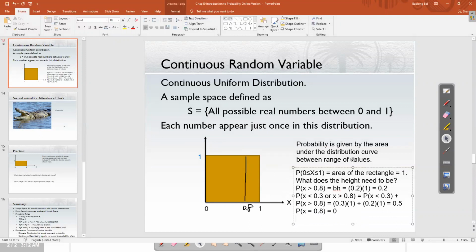There's no area. Another way to find this event's probability, x equal to 0.8, is to think about, by the definition, how many times does 0.8 occur in the distribution? Only one time, right? Every number appears just once, right? Then how many possible numbers are there in the sample space? Infinity, right? And 1 divided by infinity is 0, right?